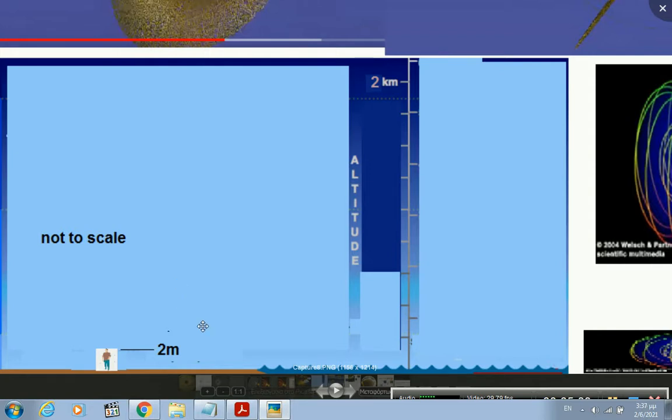For a 10 micron thick super paramagnetic film, an analogy is a man 2 meters in height and a film thickness of 2 kilometers. It's a factor of 1,000 more. So this is not to scale.